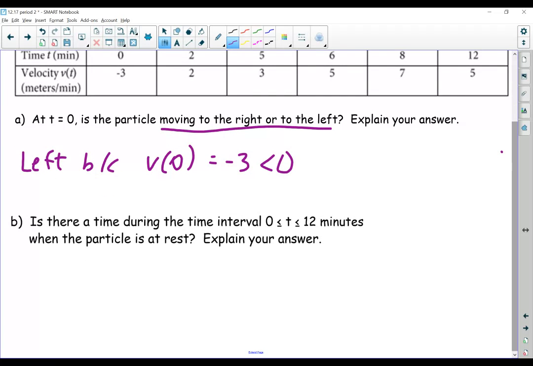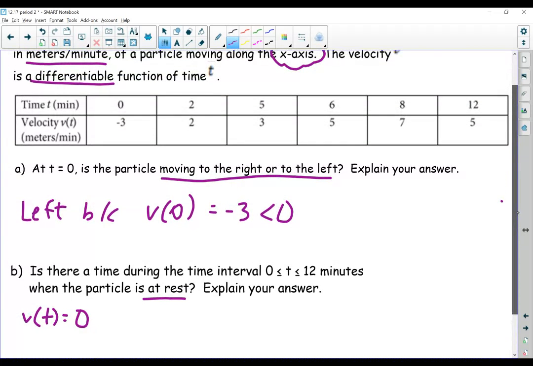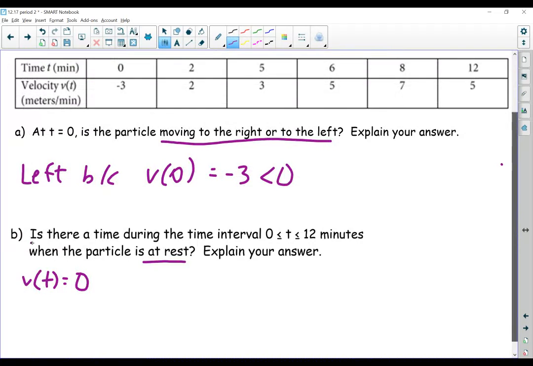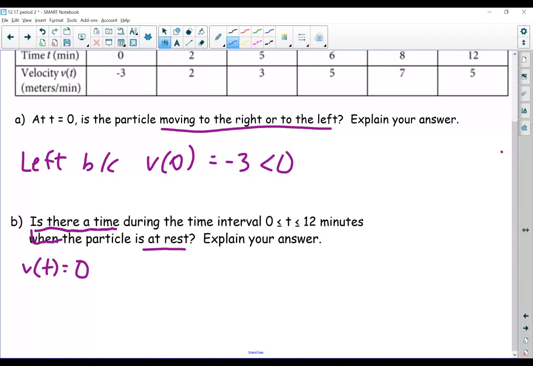Is there a time during the time interval 0 to 12 minutes when the particle is at rest? Okay, so I have to think, what does at rest mean? At rest means the velocity is 0. So is there a time during the 0 to 12 interval where the particle is at rest? If they are asking, is there a time, this is your clue.